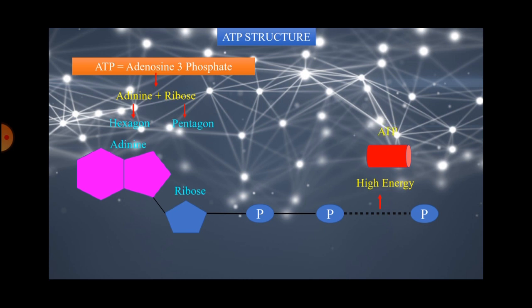But when energy gets utilized, 1 phosphate goes out, and we are left with two molecules of phosphate, that is diphosphate. When the energy was stored, it was adenosine triphosphate, three molecules of phosphate. But when the energy was utilized by the body, we were left with two phosphate molecules.